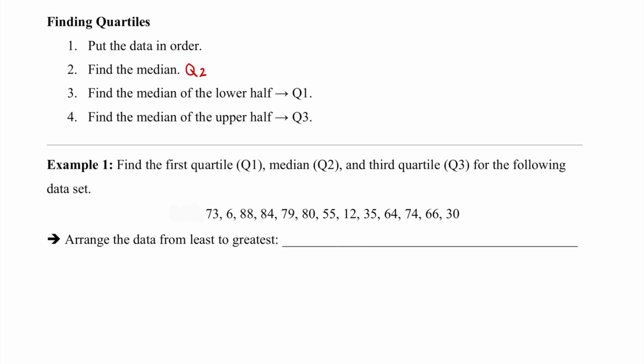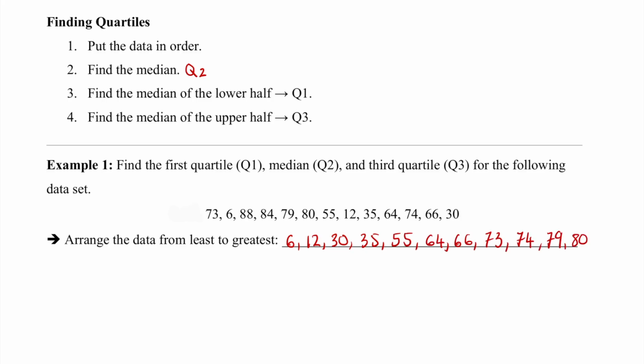Example 1. Find Q1, Q2, and Q3 for this data set. Our first step is to arrange the data from least to greatest. Then we need to find the median. The median is the value right in the middle of the data set after we rearrange it from the least to the greatest.